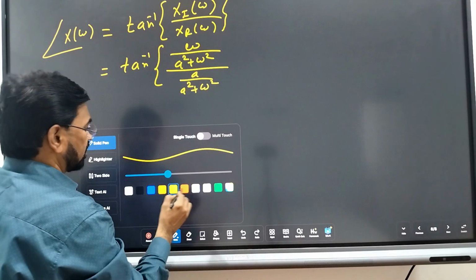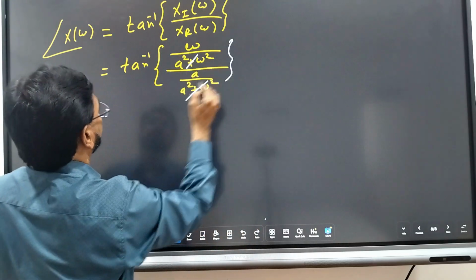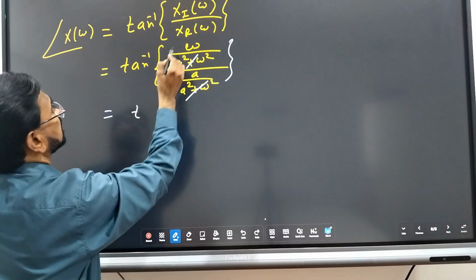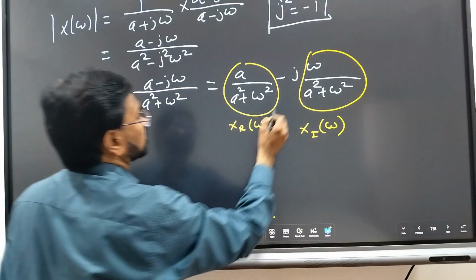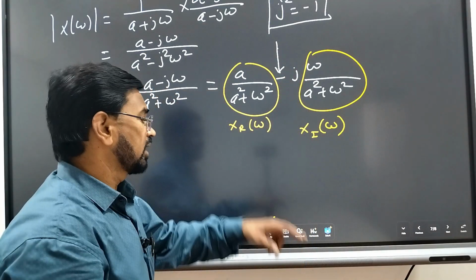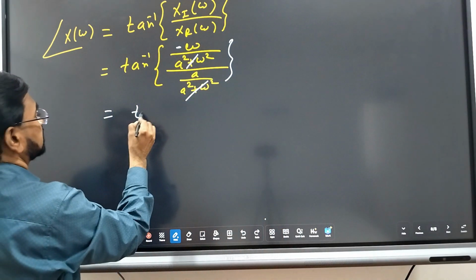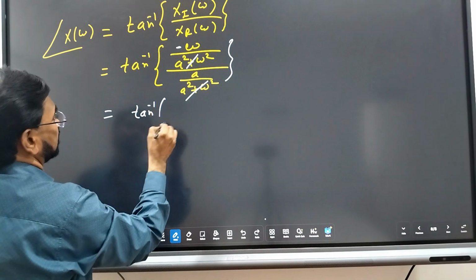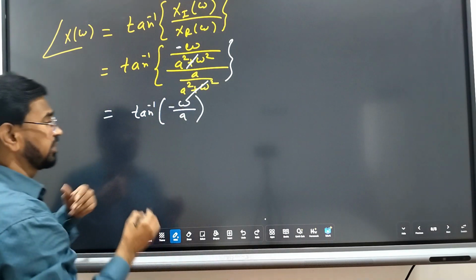So this will cancel, and what remains, if you see carefully, is that this portion is minus. So take minus omega, and we get tan inverse of minus omega by a, so this is the phase.